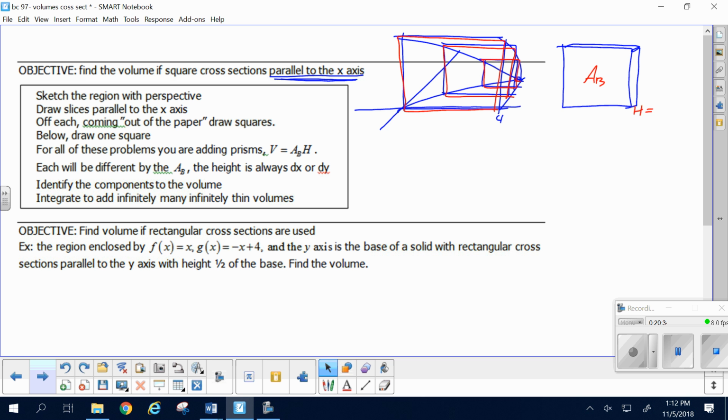I think y square. So how do you choose this? Each will be a different area of the base, but the height is always dy.